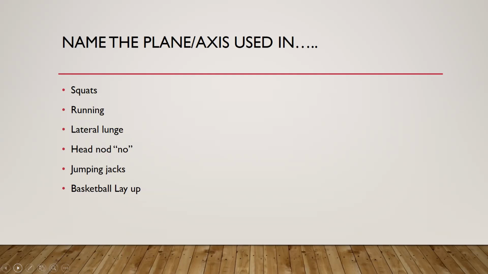Now, just to confuse y'all, just to make you think a little bit outside the box, think about a basketball layup. Remember how I said that we like to confuse things and make things a little bit more complex? And I talked about that oblique plane where it combines different corresponding planes in one movement. Think about a basketball layup.